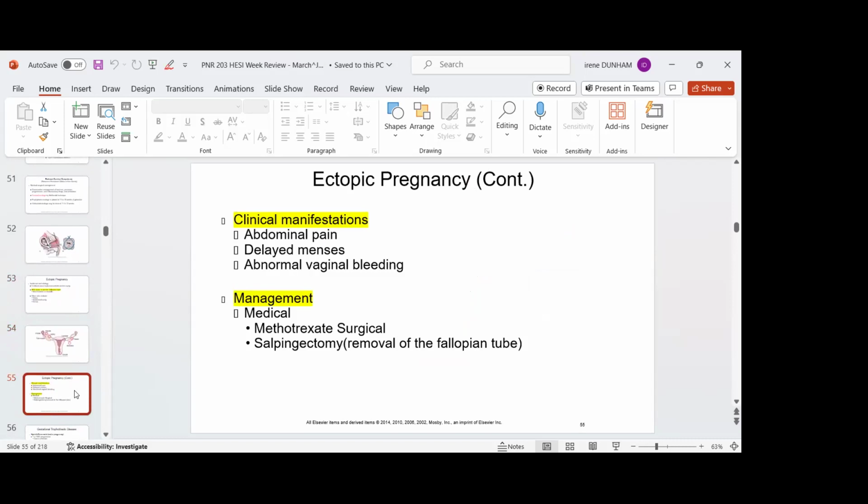So what's she going to complain about to you? She's going to have severe abdominal pain. Then maybe you have delayed menses, and abnormal vaginal bleeding. All right, so she calls your office, you're our triage, you're answering the phone, and she says, I'm having severe abdominal pain.